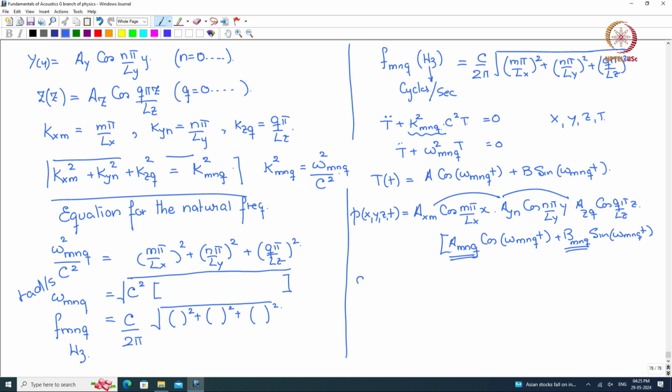So now my phi_mnq, which is the spatial mode shape of x comma y comma z, is cos(m pi by Lx x) into cos(n pi by Ly y) into cos(q pi by Lz z), and this is the mnqth mode shape. All three terms together represent one mode shape.